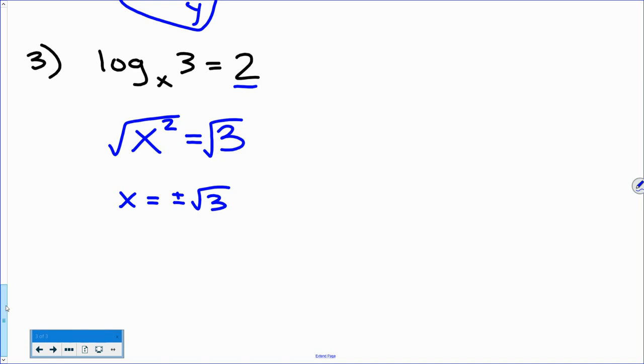Okay. All right, our last example here. Number 4 would be log base 49 of the cube root of 7 equals x.